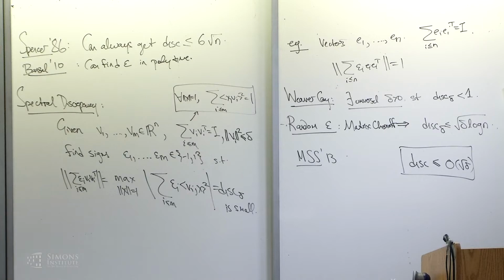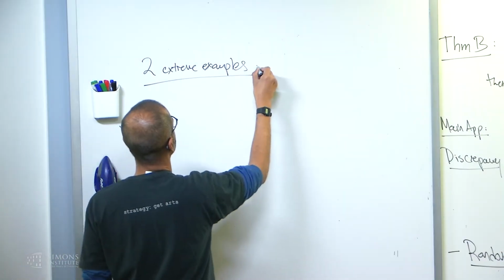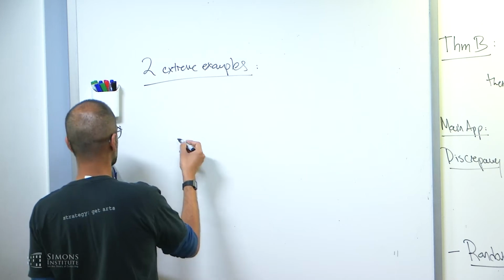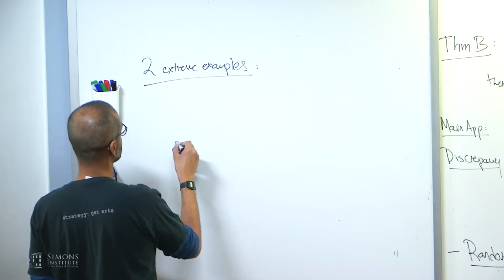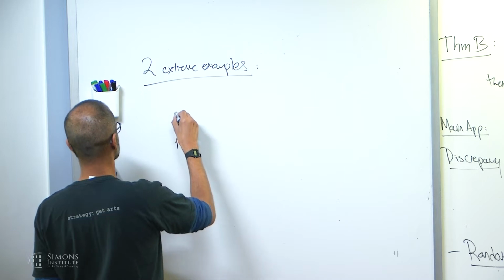Well, maybe before telling you the proof, let me explain why this problem is tricky. Let me show you the two extreme examples that any proof of this conjecture has to handle. The first example is, let's say I give you vectors that look like this.